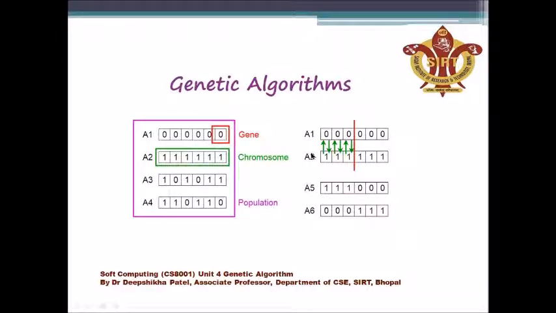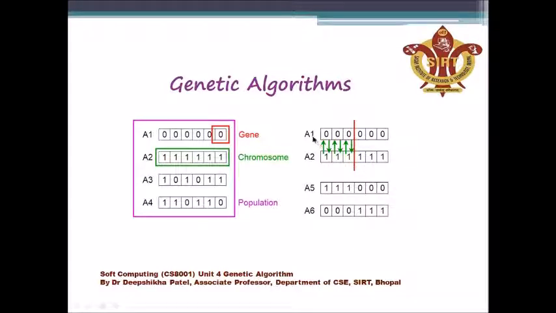The process continues with the exchange of genes. As we discussed in the previous slide, we have to select the fittest individuals. When we select the fittest individuals, exchange of genes occurs to produce offspring that will be added to the next generation.